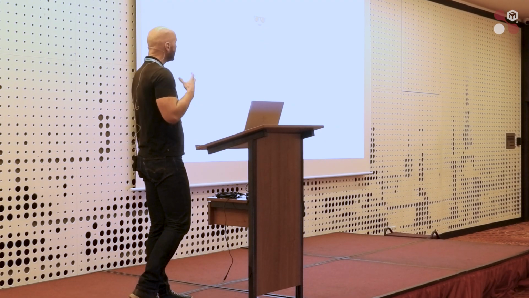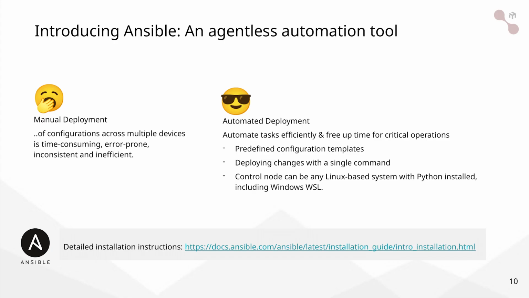For this, we have Ansible, and it's good because there are already predefined configuration templates, or you can predefine them. You deploy the configuration just with one command, and it can be installed anywhere where Python runs, so even Windows.